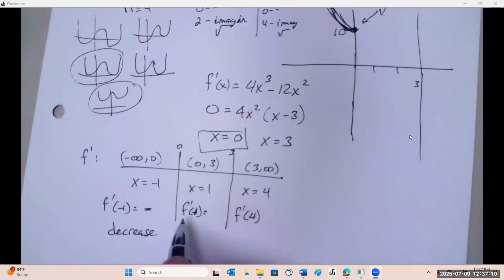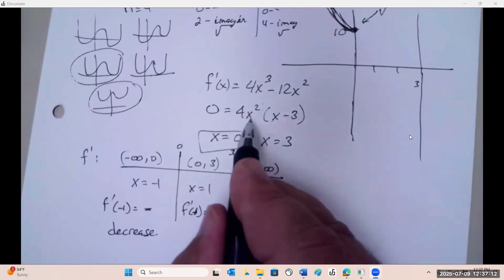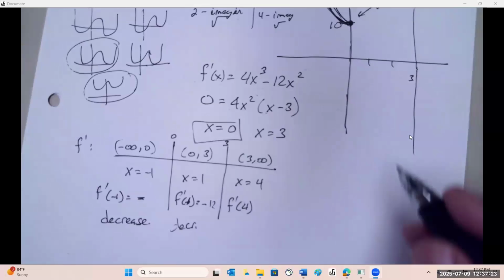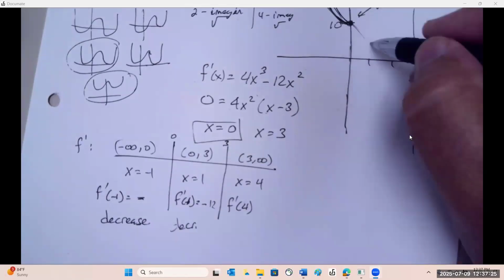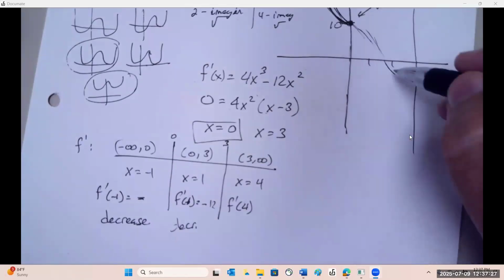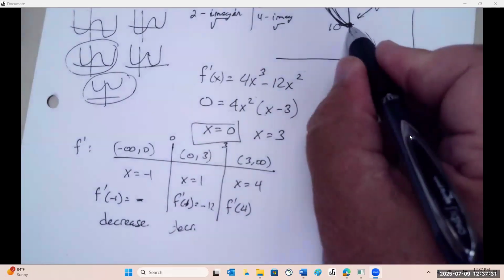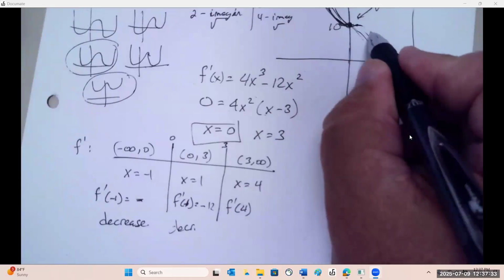Between 0 and 3, when x is 1, 4 times -3 is -12. It's negative. It's also decreasing. Since that's a vertex, it has to have up of some sort.